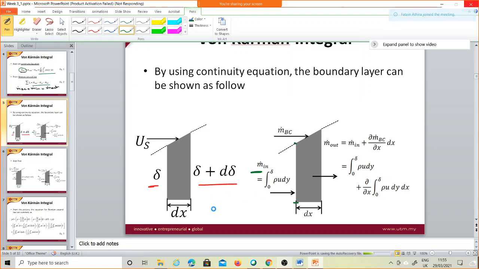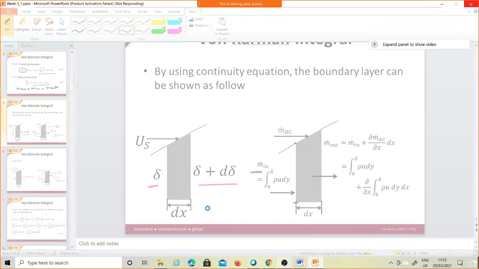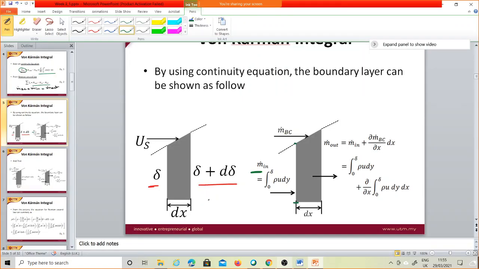That is rho u dy. So you know that Q is equal to AV, and you also know that m is equal to rho times volume. Sometimes we confuse volume and velocity. This is velocity.